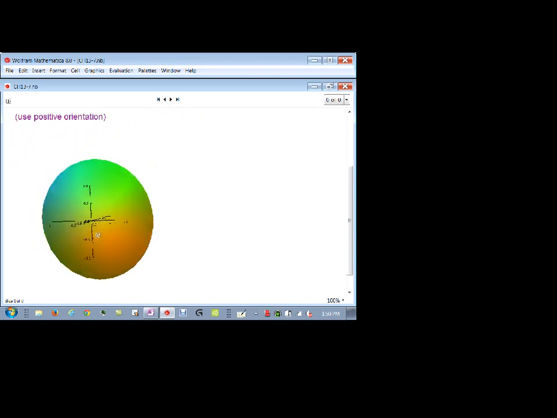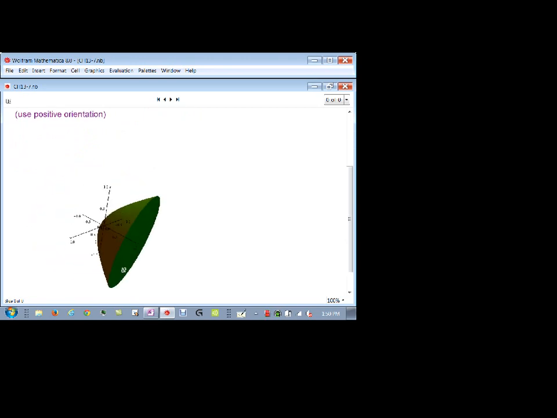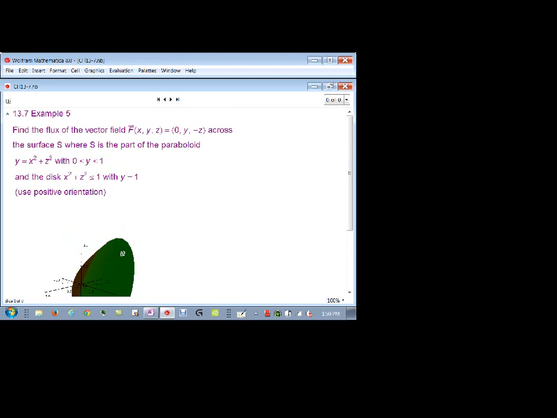It's hard to tell from your notes, but what we have here is we're trying to find the flux. Let me see, which one is this one? We're trying to find the flux of a vector field given by 0, y, negative z across the surface S, where S is the part of the paraboloid y equals x squared plus z squared, with y between 0 and 1.